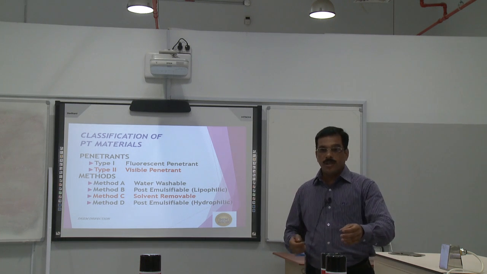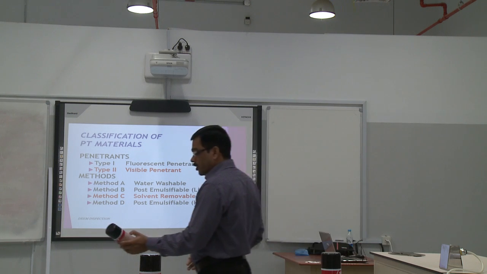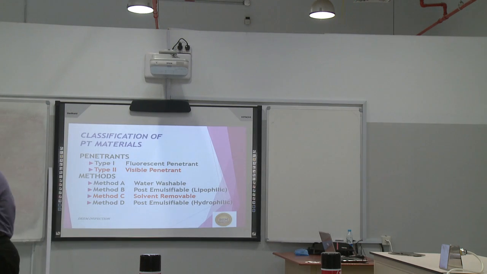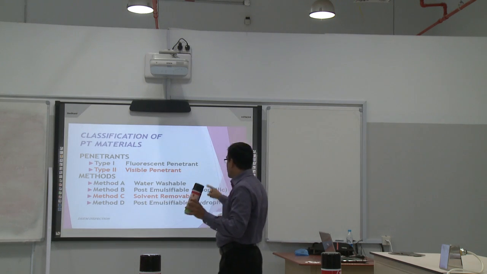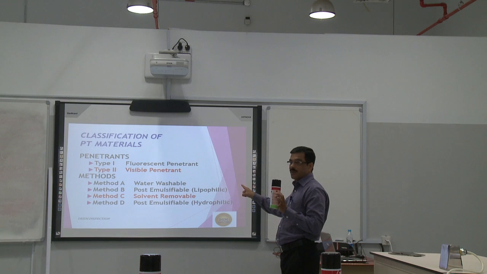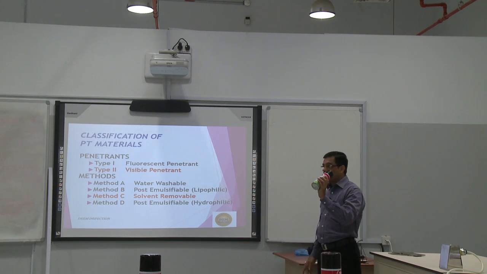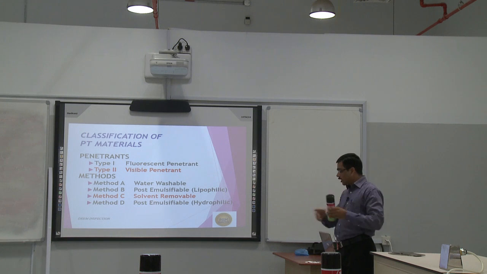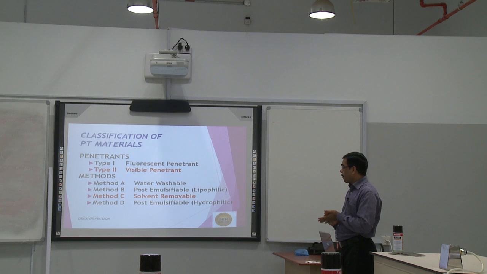Which penetrant it is, is written there; on the top it is written solvent removable. So method C is visible and solvent removable. Same we have water washable also. With water washable penetrants there is no need of solvent; we can use hose water and clean the penetrant.